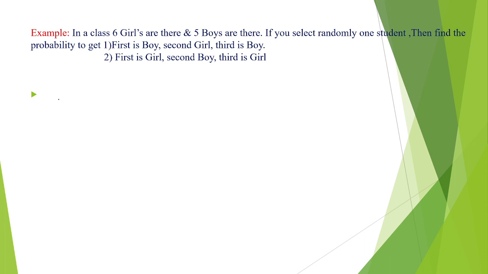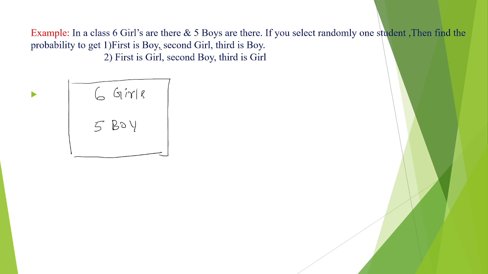Then it is asking: if you select a student, the first is a boy, the second is a girl, and the third is a boy. That is the first question.